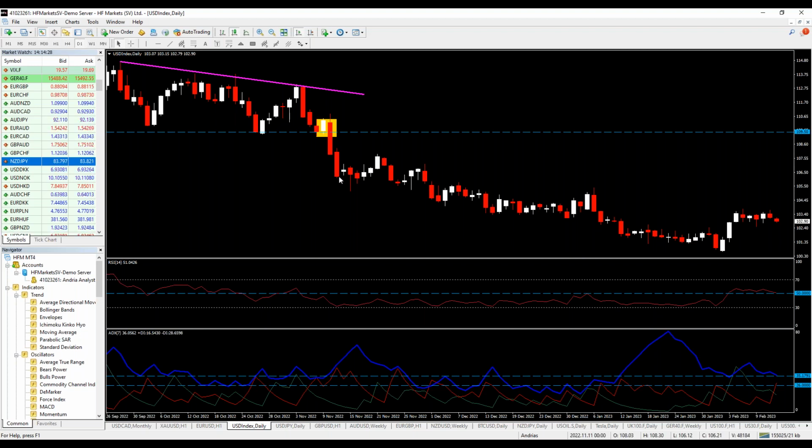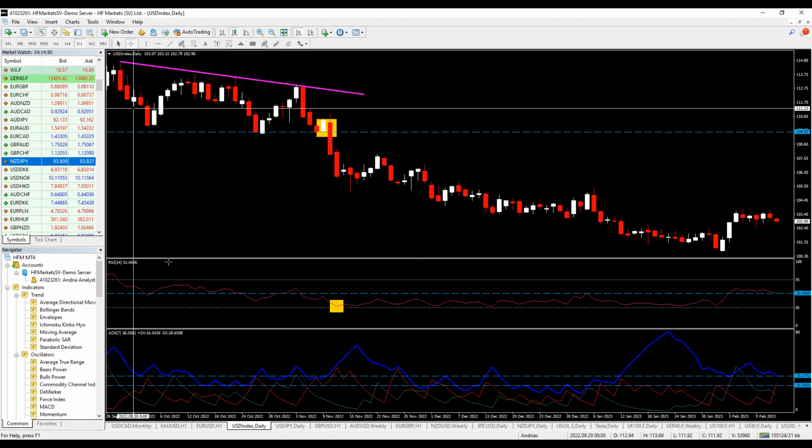Another one followed, and finally our RSI kept falling and breached 30 territory. So sign number one, sign number two, and let's see what the ADX has to say.